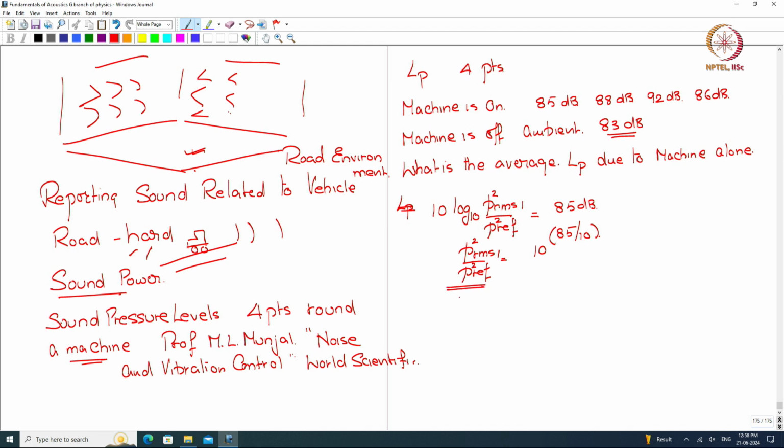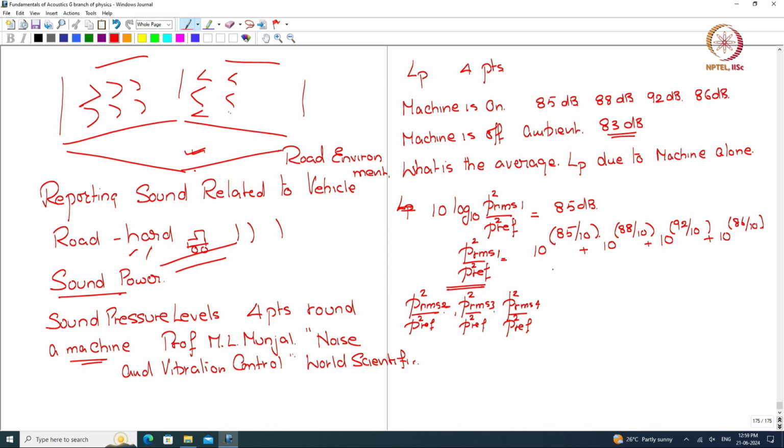Similarly, I calculate P square RMS 2, 3 and 4 by P square reference, and add these: plus 10 to the power 88 over 10, plus 10 to the power 92 by 10, plus 10 to the power 86 by 10.